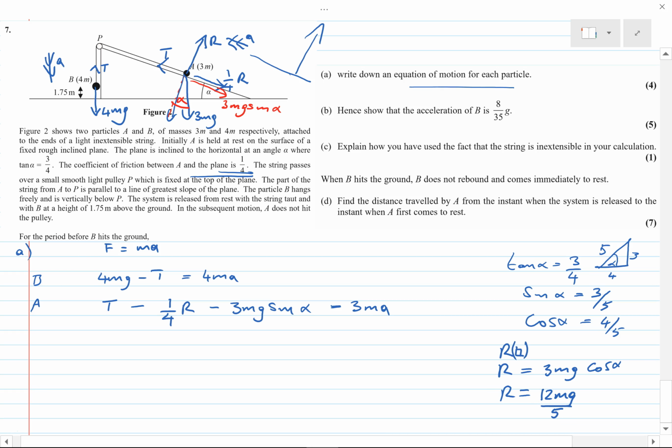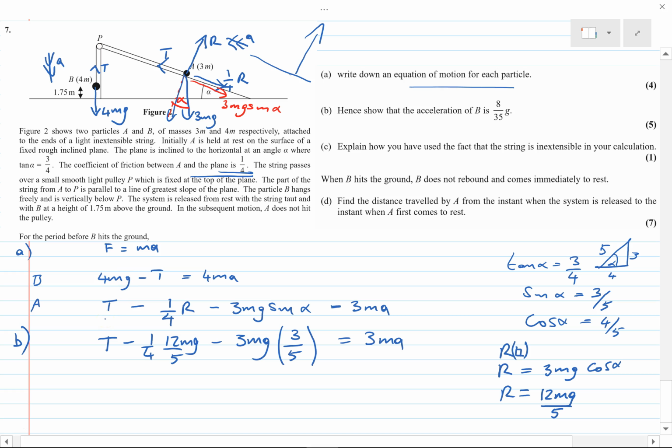Now we can substitute these into this equation. So we've got T, take away a quarter times 12mg/5, take away 3mg times sine alpha, which is 3/5, is equal to 3ma. We've probably already got the answers for part A, by the way, and we're now doing part B. They kind of merged into the two here.